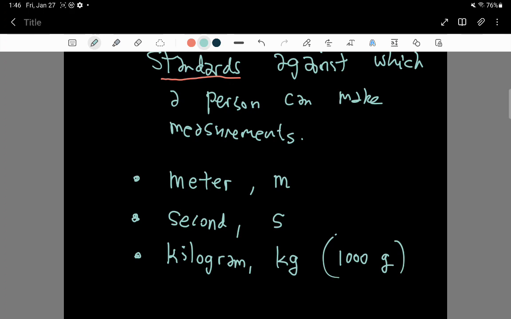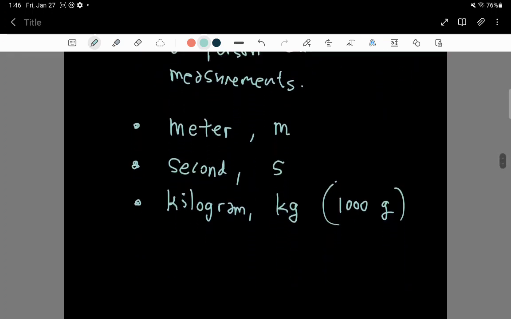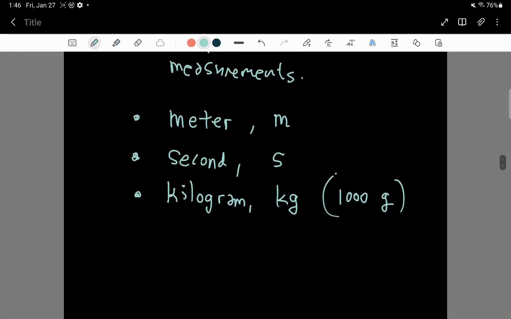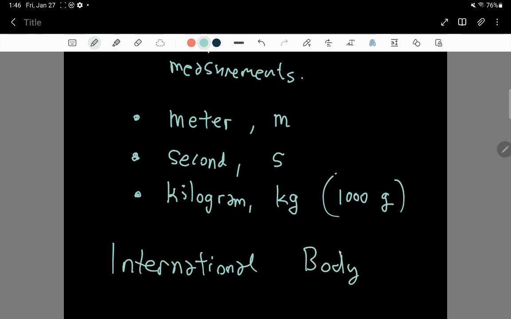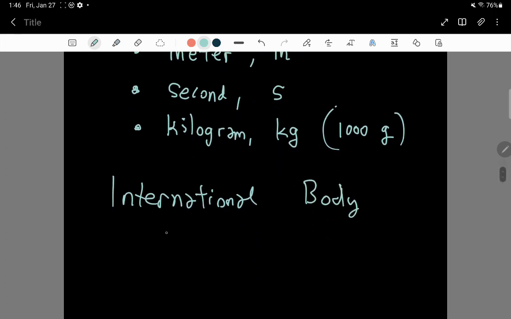So these are the standard units. And in fact, they're so standard that the standard is maintained by an international body, right? So lots of governments are associated with this, lots of universities all over the world, and they maintain what's called the international standard.